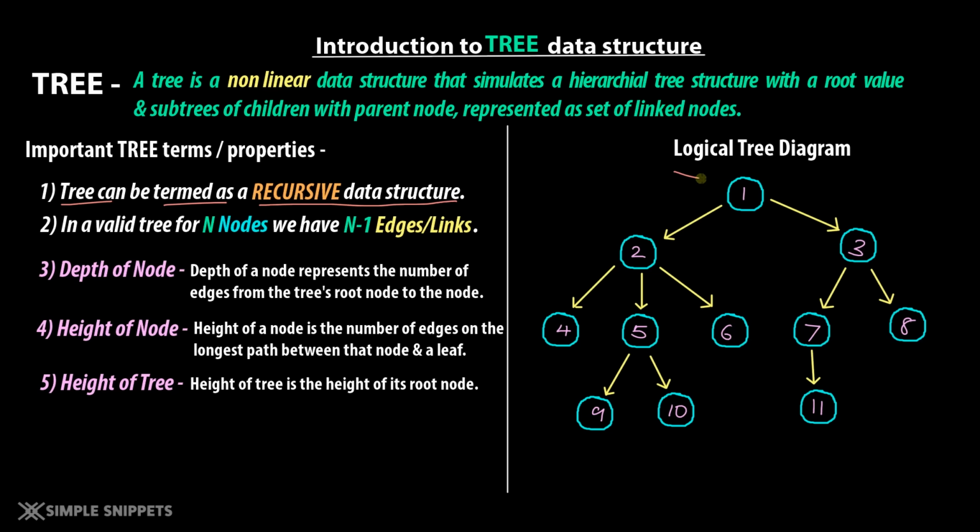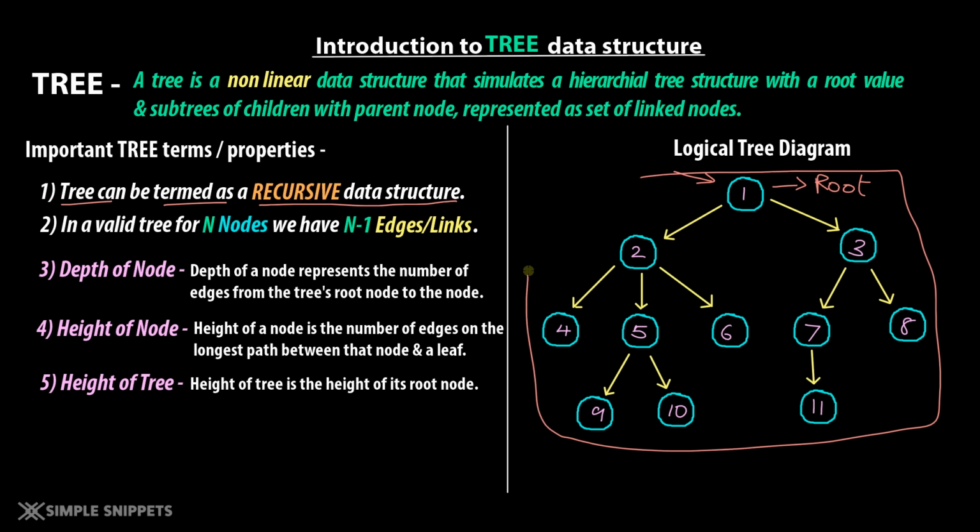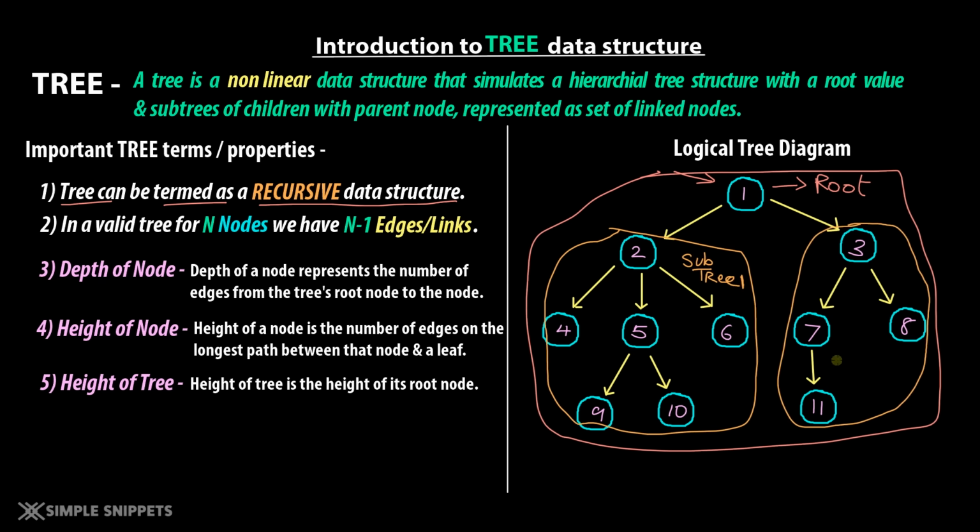If you start from root node 1, this whole data structure is a tree. Now if you go to its child nodes and divide it into two subtrees, this is subtree 1 and this is subtree 2, you can safely say that even these two are tree data structures. You can again further divide these subtrees into smaller subtrees and keep going till you ultimately reach a single node.